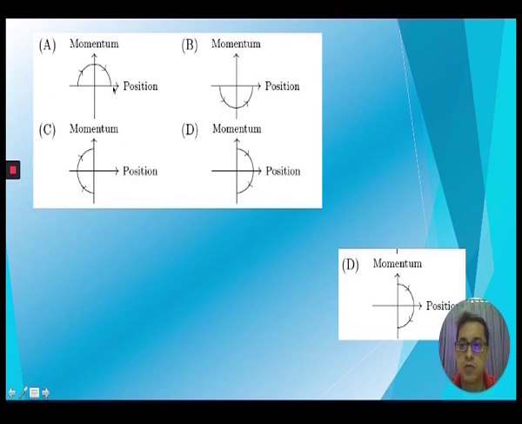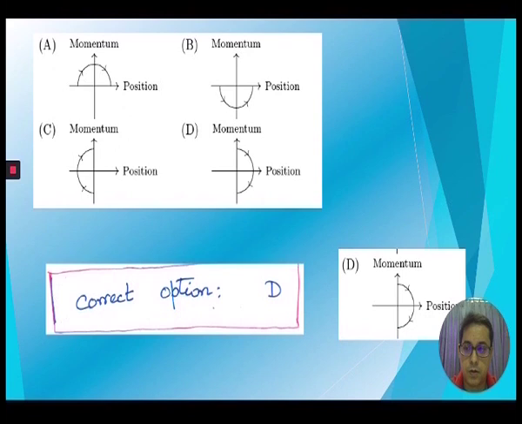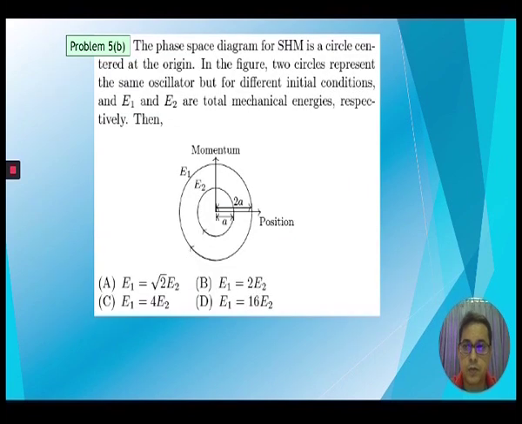Similarly, options A and B you can strike off immediately. Then you have to think about options C and D. I think you get what I mean to say. All right, so the correct option is D.